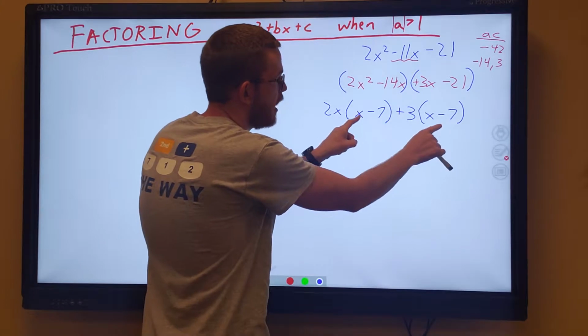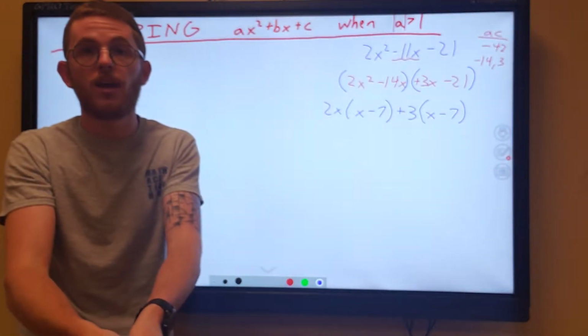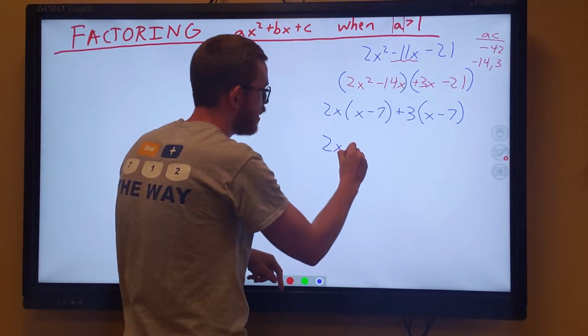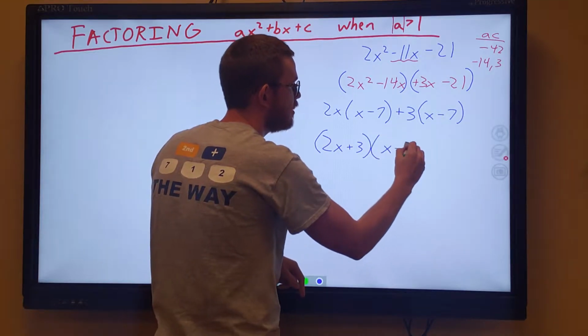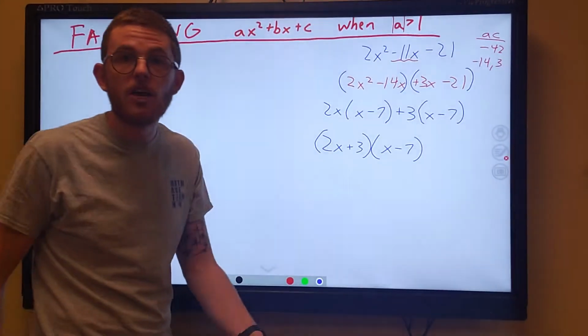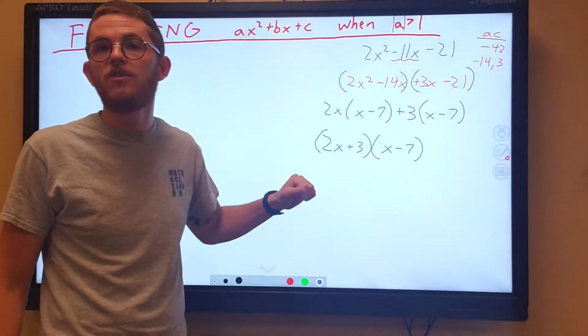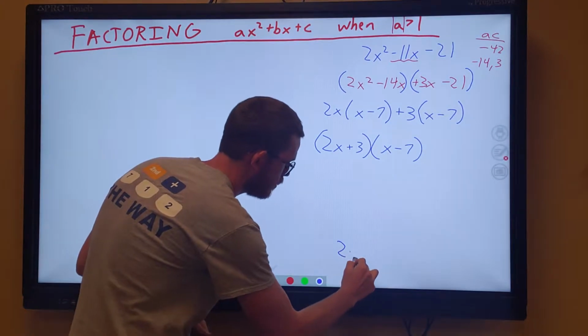Notice the x minus 7s are the same, which means our factor by grouping succeeded. What's in front becomes a factor. What's left in the parentheses is the other factor. So there's our answer. This method is called factor by grouping. I'll write the answer down here.